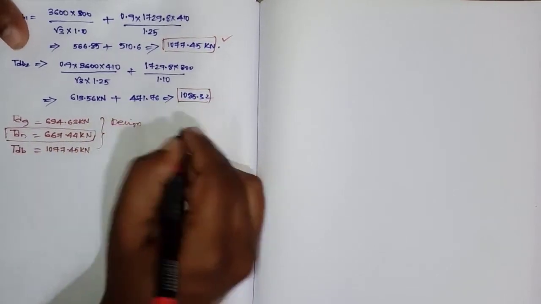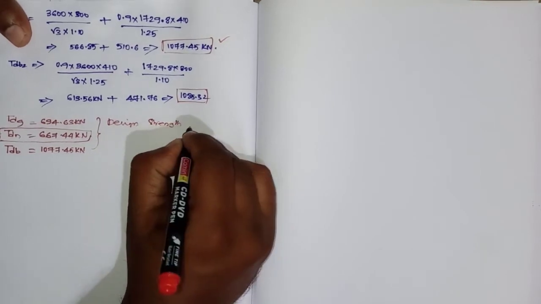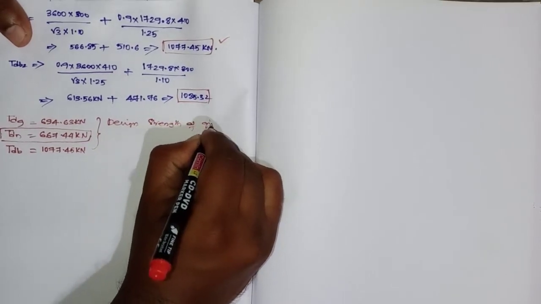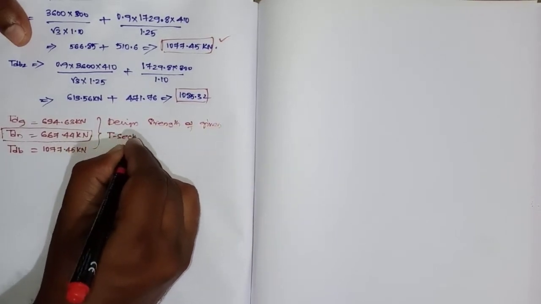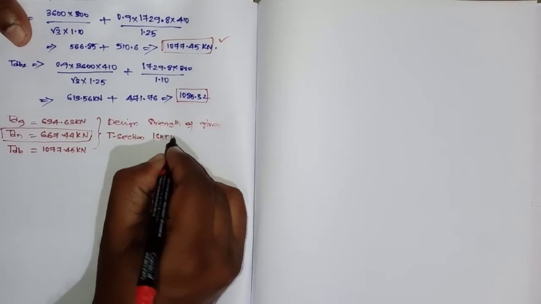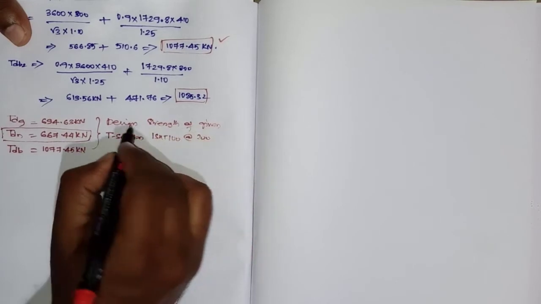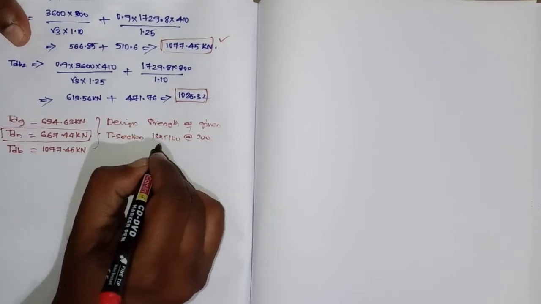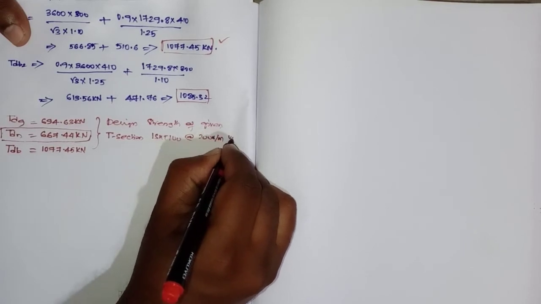design strength of given T section ISHT 100 at the rate 200 Newton per meter under tensile strength.